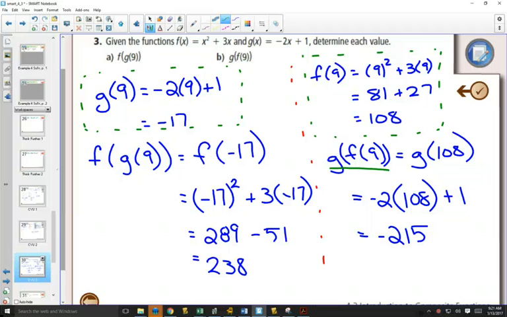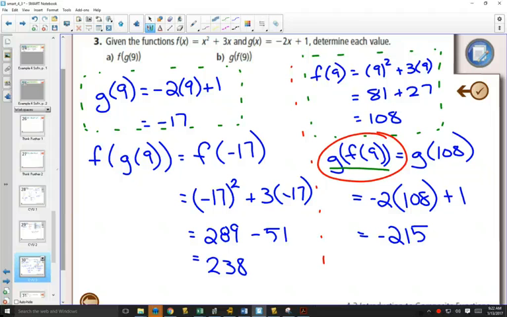Take it slowly. Take the time. Like, really, there's so many students that won't write this out because they're like, I know that's what I'm doing next. I know that I found 108 and I want to plug that in. Ask yourself, this is like 1, 2, 3, I'm going to count the brackets as letters.